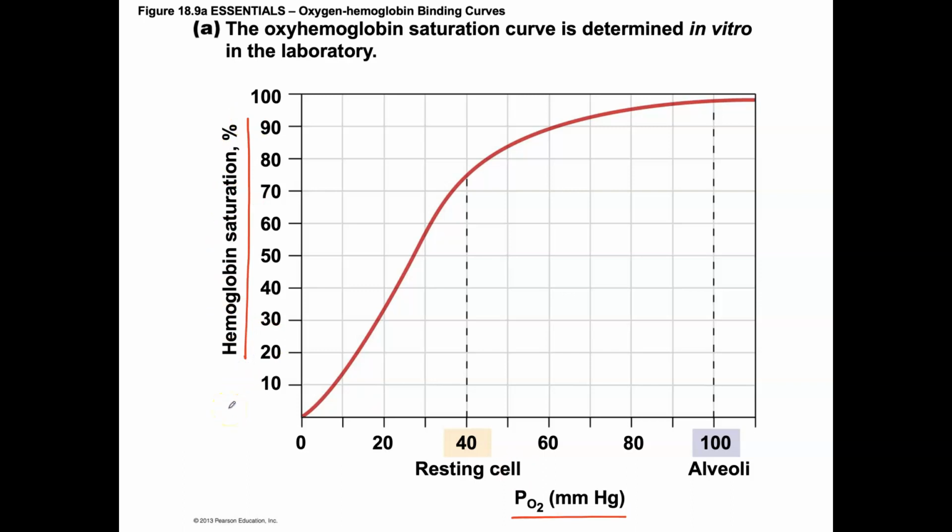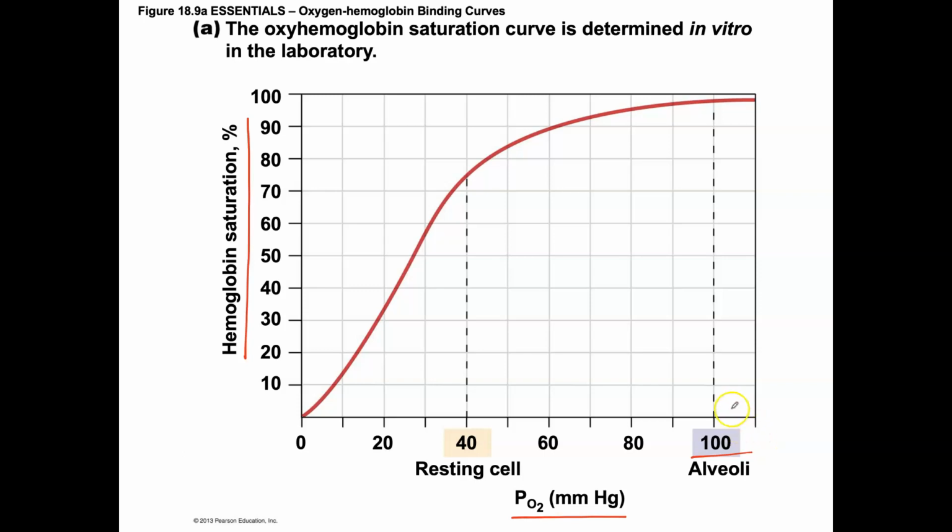So what's going on here? Basically, we're saying that at a given partial pressure, so let's say 100 is the partial pressure of oxygen in the alveoli, we can maximize the binding sites with hemoglobin, and so we can carry larger amounts of oxygen out to our cells, our tissues, and our organs.